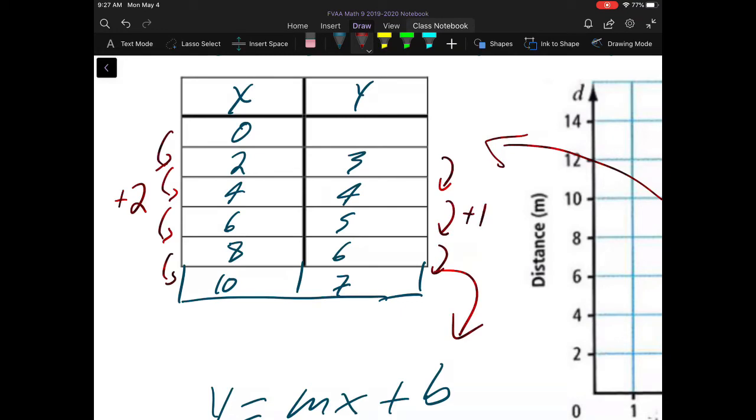So if I were to go back to 0, it goes backwards by 2 to get that 0 point. Let me just redraw this. If I were to go backwards, I'd have to go -2 to 0. Here I'd have to go -1. So I'd get a 0 and 2. Okay, so that helps me find my b value.